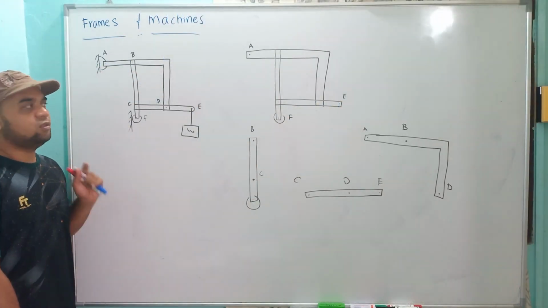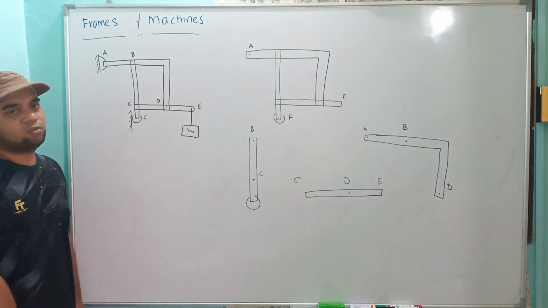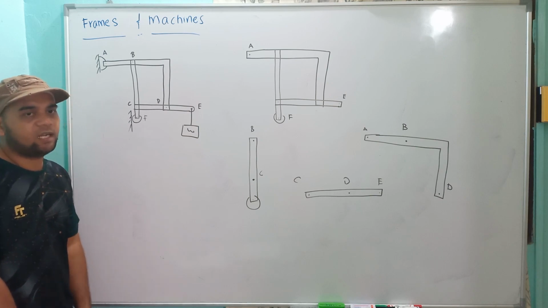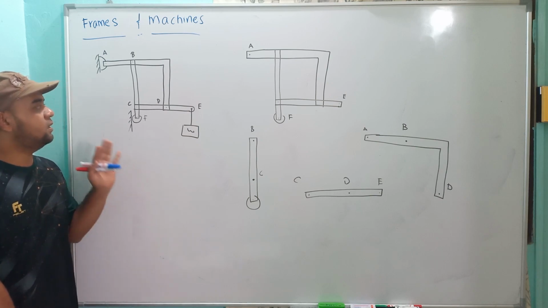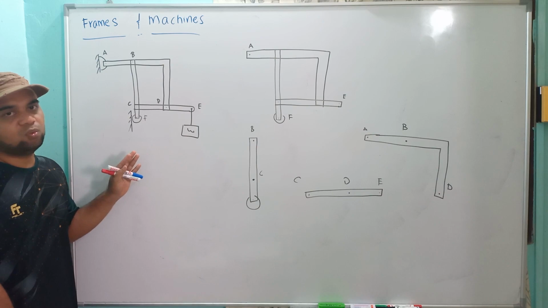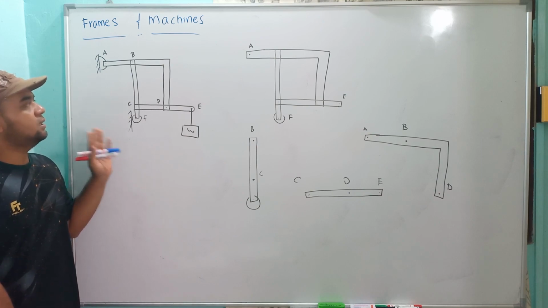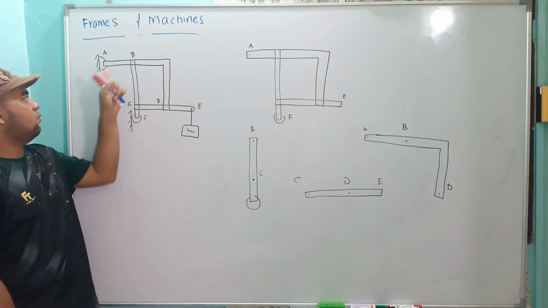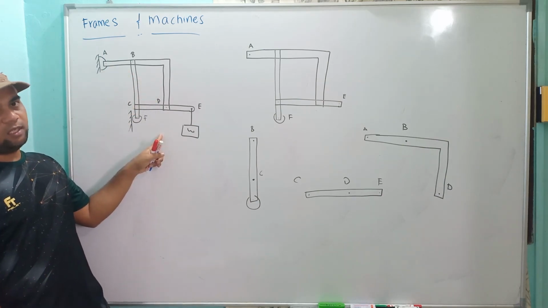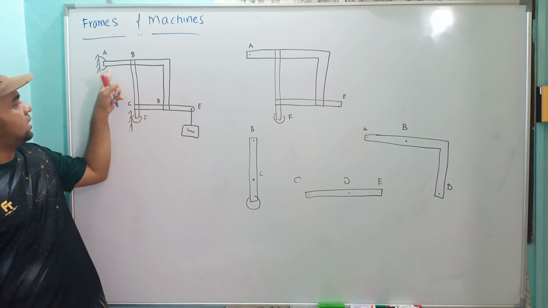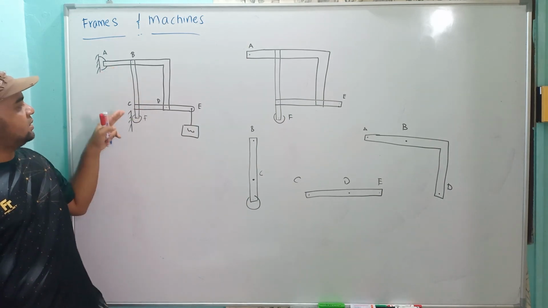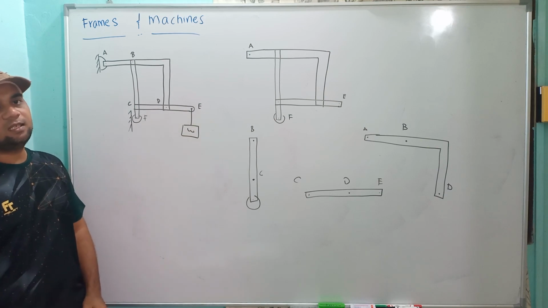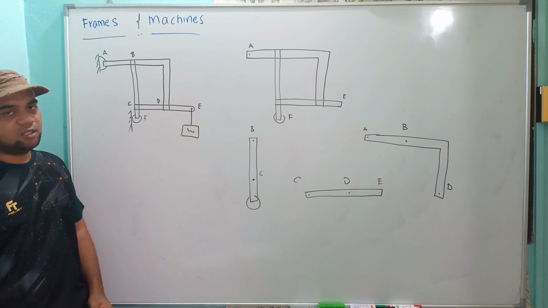Before we go to the analysis, let's see first how to draw the free body diagram. We will try to draw several free body diagrams that involve more than one or two rigid bodies in a frame or machine. Like this one, we have 3 components, 3 rigid bodies: A, B, D is the first one, B, C, F the second one, and C, D is the third rigid body.